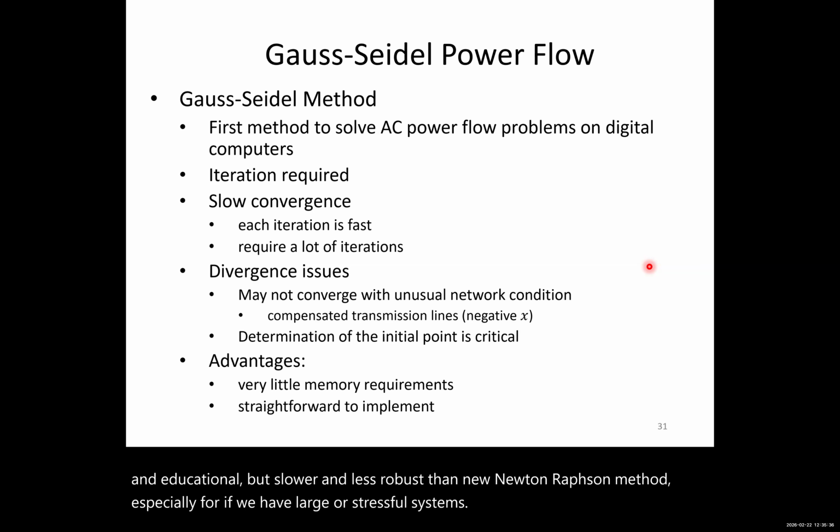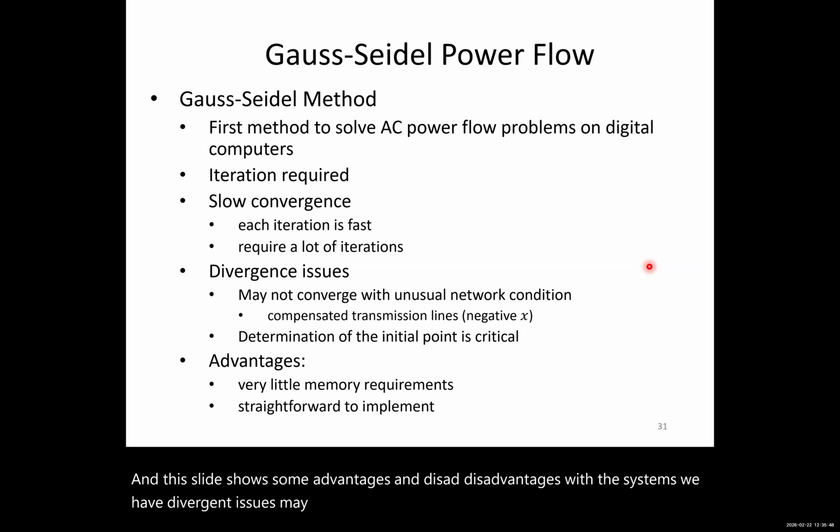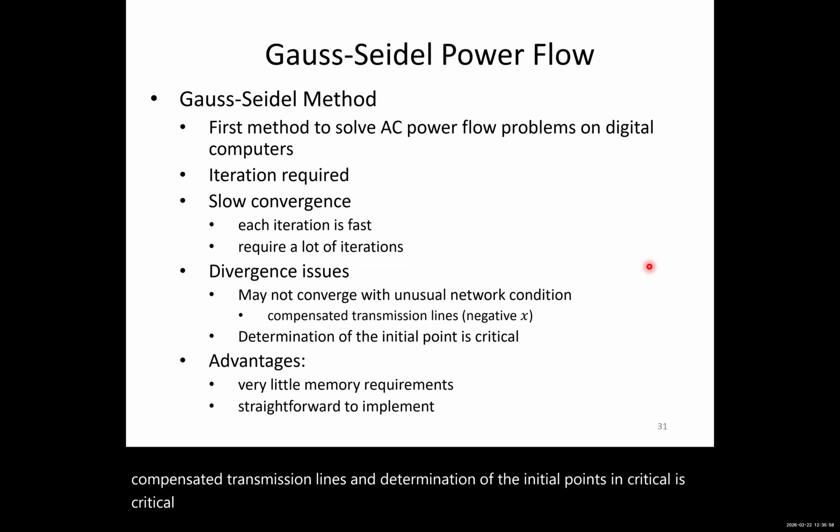And this slide shows some advantages and disadvantages. We have divergence issues, it may not converge with unusual network conditions, compensated transmission lines, and determination of the initial points is critical. Some advantages are very little memory required and straightforward to implement. Again, it's not good for large and stressed systems.